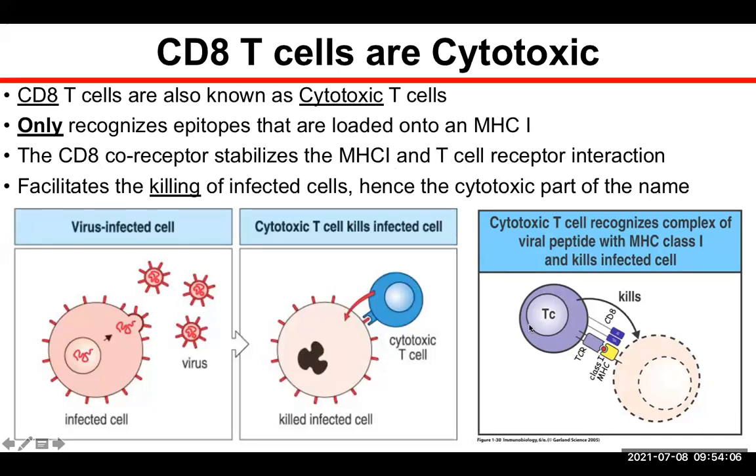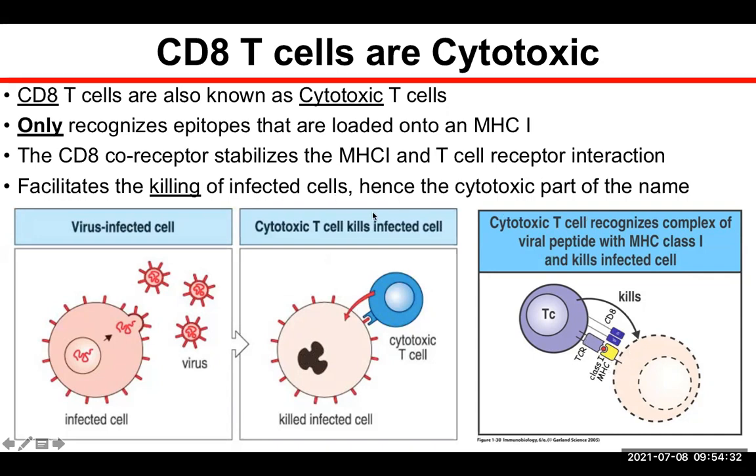We can see this here. We see an antigen presenting cell that has MHC class 1 loaded with antigen highlighted in red, and then its T cell receptor is recognizing this, but this CD8 T cell needs to have this co-receptor in order to stabilize this interaction. If it doesn't have this CD8 present, then this binding does not occur.